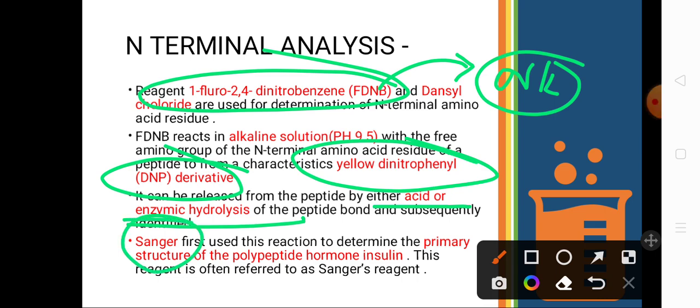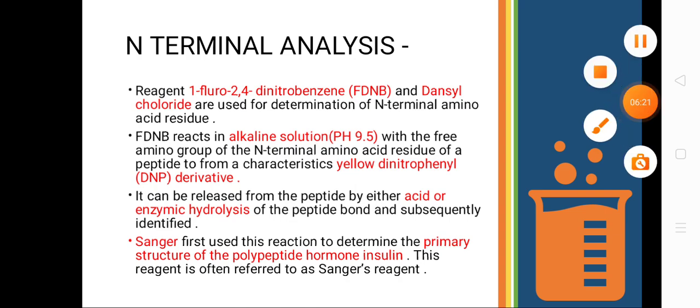Sanger first used this technique to determine the structure of insulin. That is why this reagent is known as Sanger's reagent. And dansyl chloride also does the same thing, but it uses fluorescent properties, right?